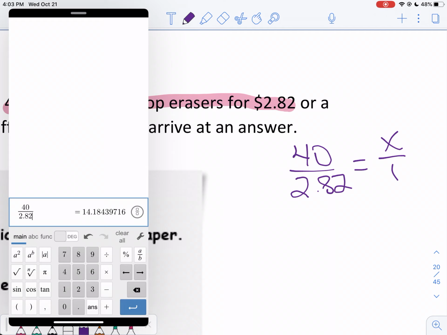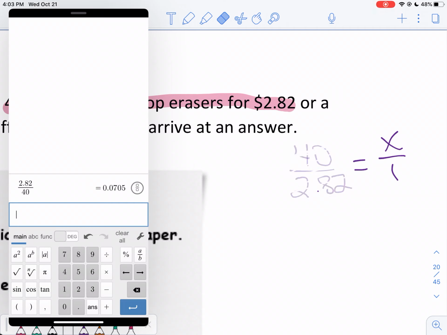Well, that says 14. Nope, that's not right. We need to do 282 divided by 40. Okay, so we get 7 cents. So we're gonna scratch that. I had the x in the wrong spot. See, I make mistakes just like you guys do.